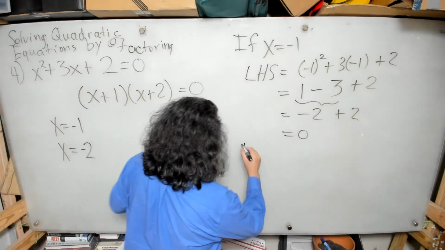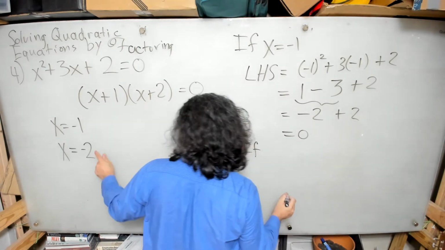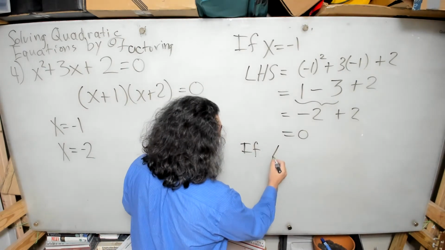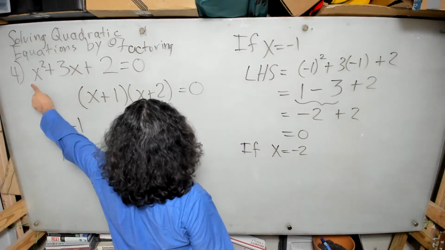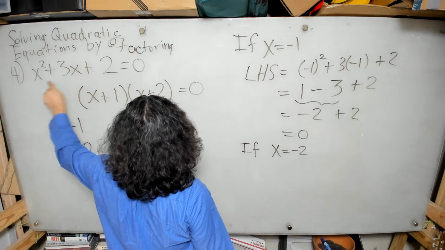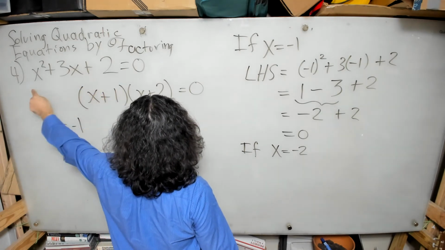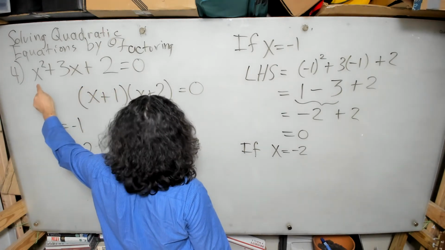Now let us try the other alleged solution, x equals negative 2. So if x equals negative 2, what happens? We're going to replace the x's in this expression with negative 2.